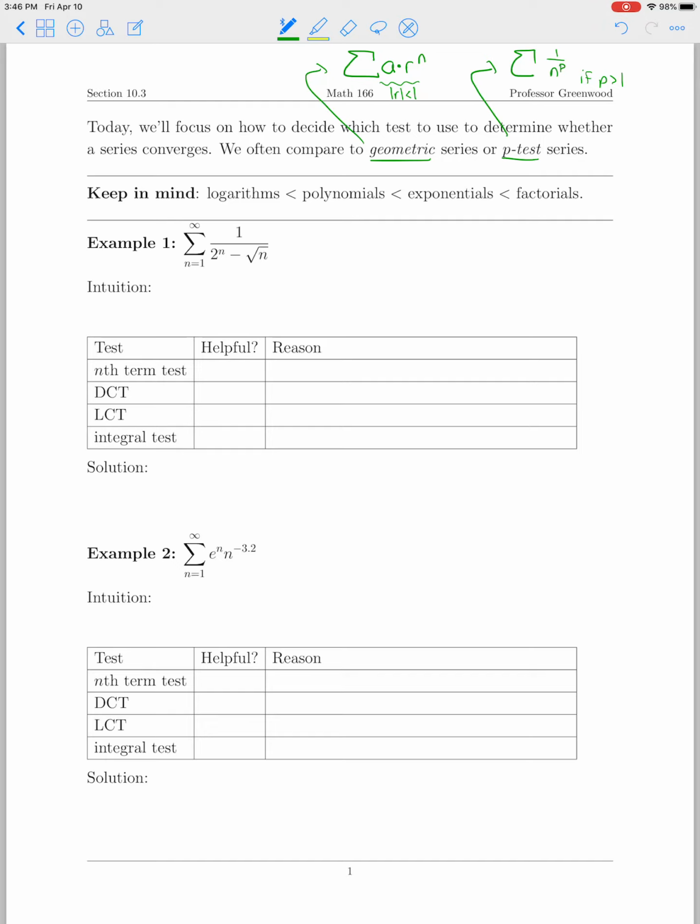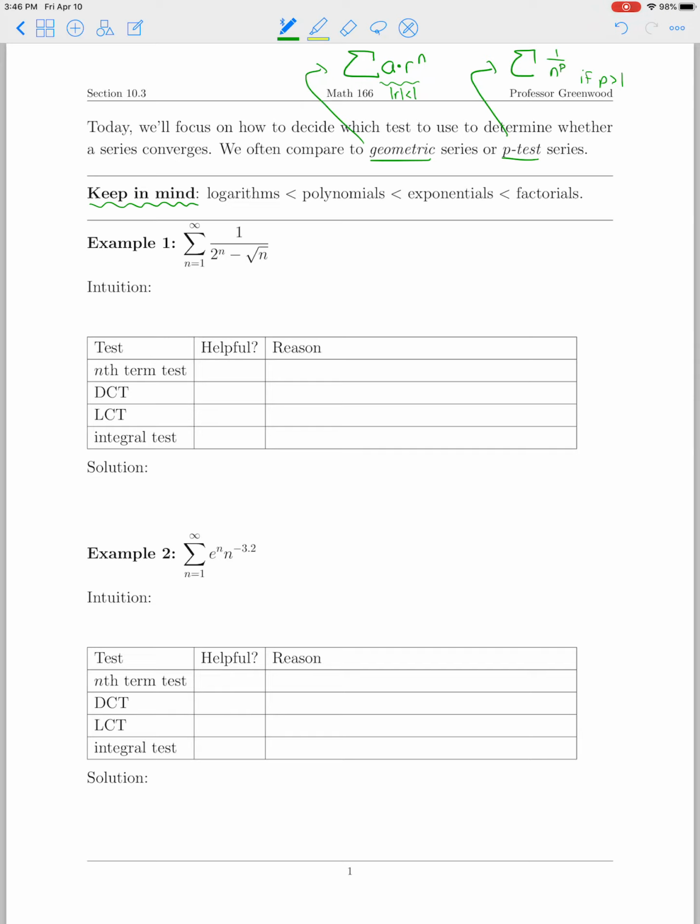Okay, so when we're trying to analyze more arbitrary series, we're going to want to keep in mind the growth rate of different functions. And so the thing to know is that logarithms are typically slower than polynomials, which are slower than exponentials, which are slower than factorials.